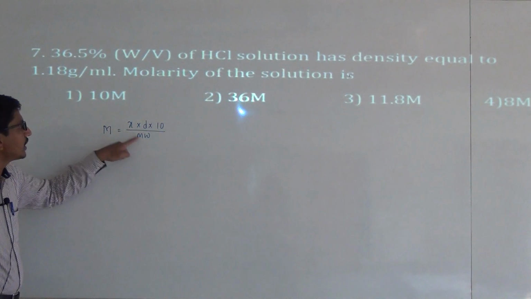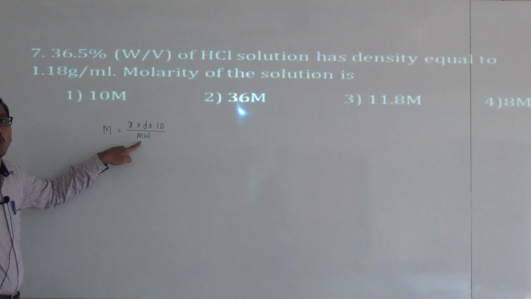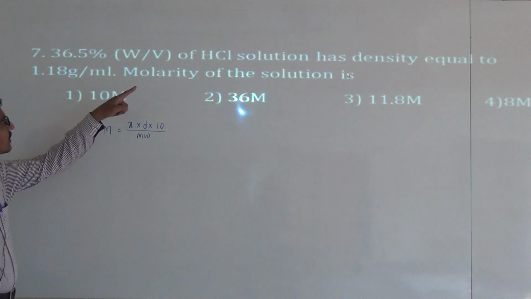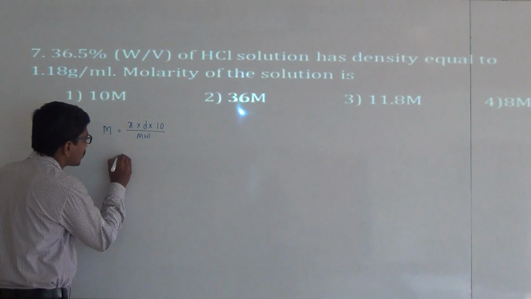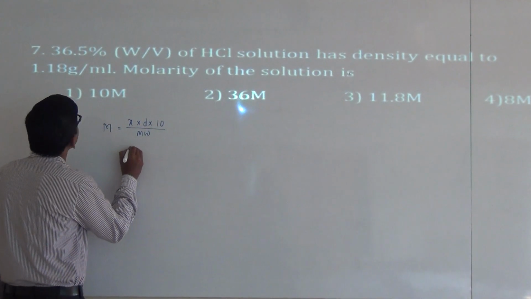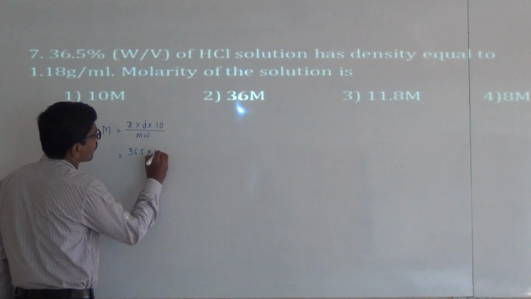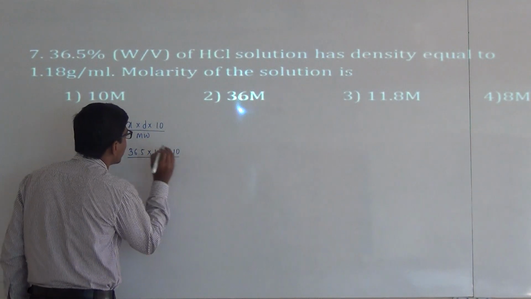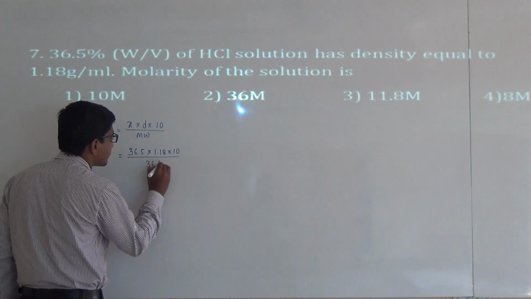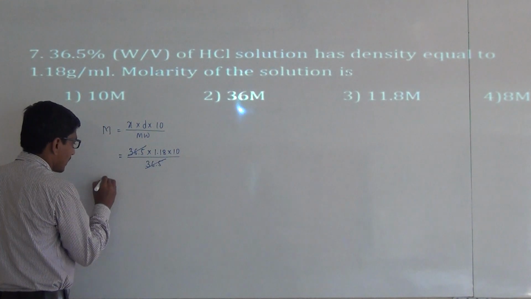By substituting the values of X, D and MW, the molecular weight of the solute HCl is 36.5. X is 36.5, density is 1.18 gram per ml, into 10 divided by 36.5. 36.5 gets cancelled.